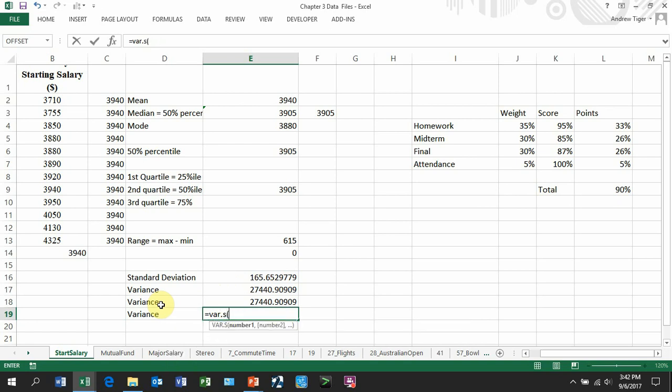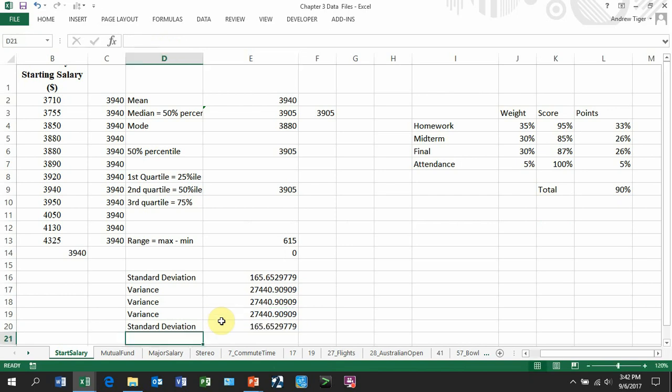Again, use the sample one. So all those are calculations for the variance. Again, if you take the standard deviation and square it, you get the variance. If you take the square root of a variance, you'll get the standard deviation. That's how those are related.